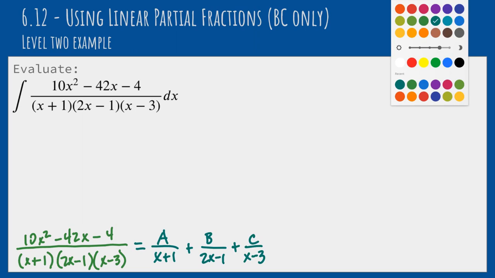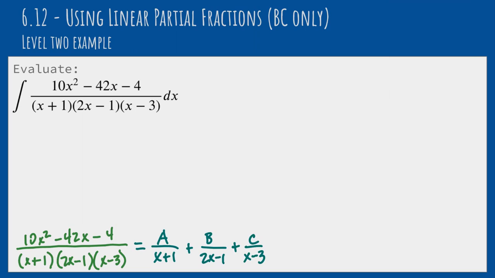And I'm going to write out now what this would look like if we got a common denominator and added them all together. So our common denominator obviously is going to be this expression here. To get each one, I'm going to multiply it by the two denominators that are not below it. So for A, I'm going to multiply by 2x minus 1 and x minus 3.